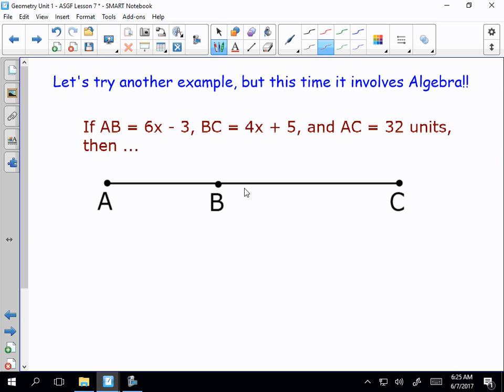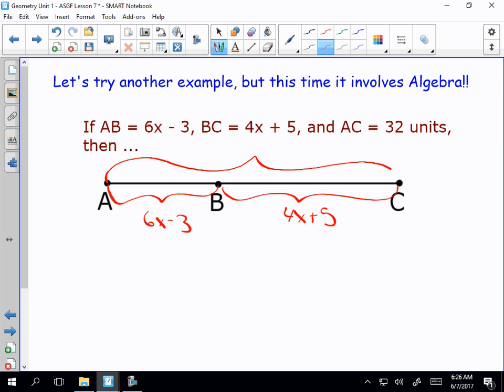So now, if we know that from A to B is 6x minus 3, from B to C is 4x plus 5, and then we're told that the total distance from A to C is 32.